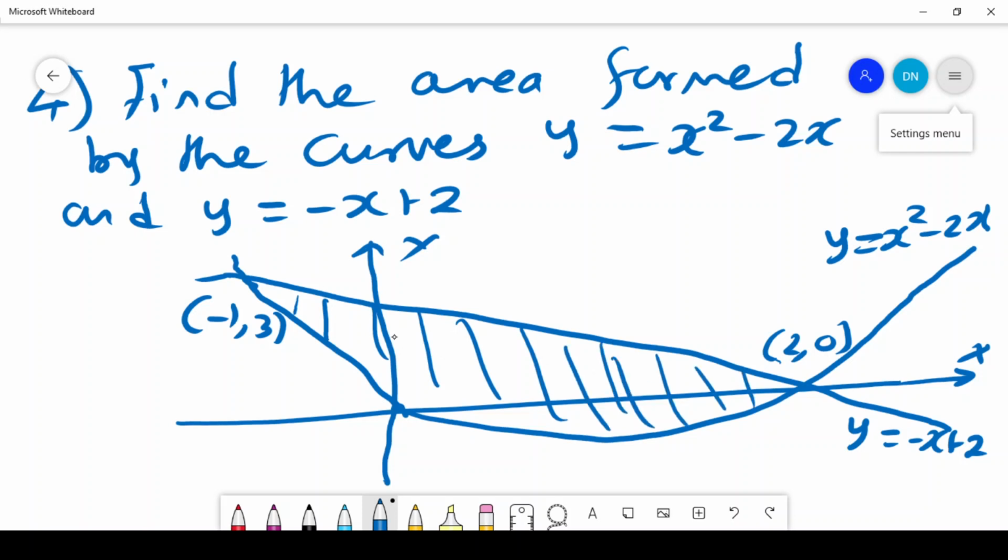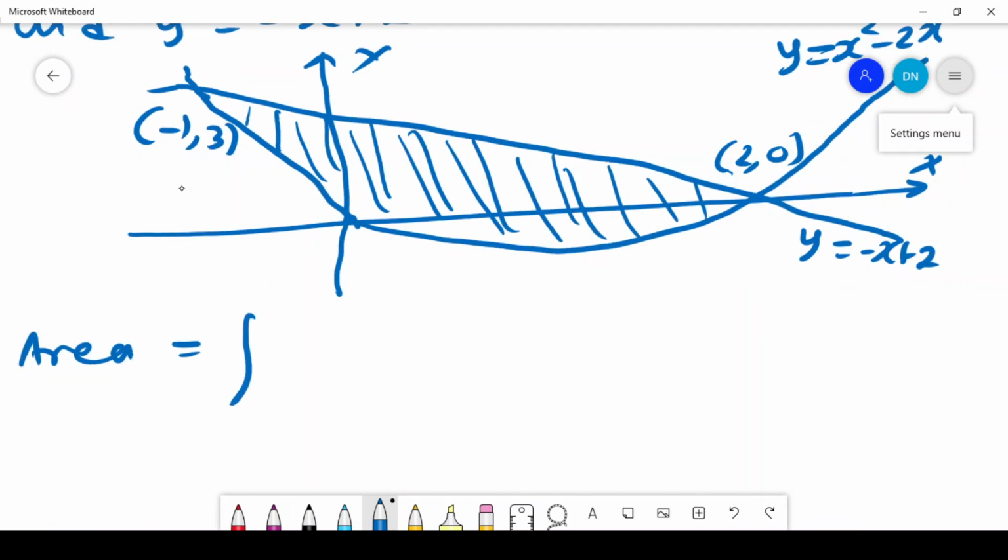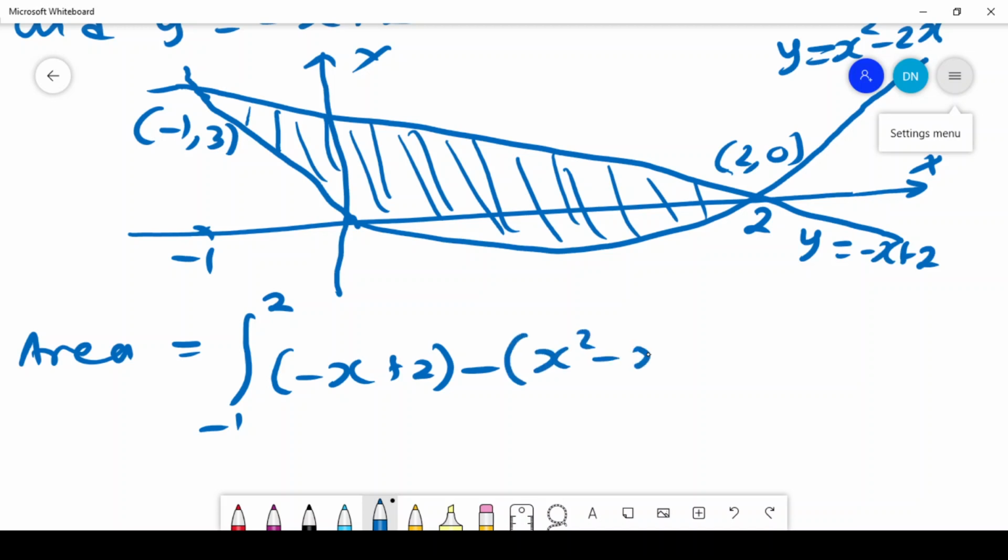So that's the zone that is of interest because that's the area that has been formed. And now we are going to integrate x starting from negative 1 to positive 2. And then we take the upper curve minus the lower curve, and then we do the dx.